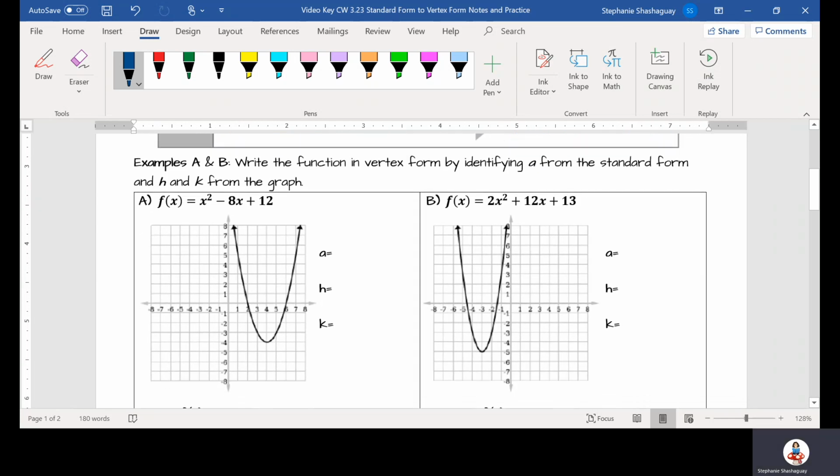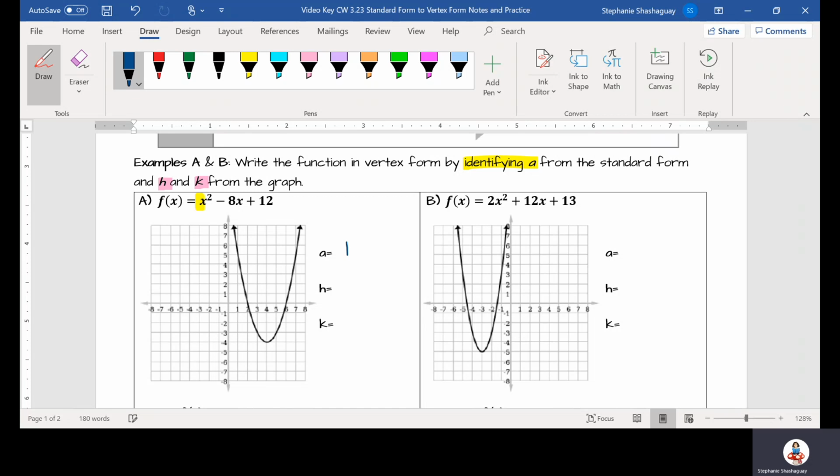So let's look at examples A and B. Write the function in vertex form by identifying a from the standard form and h and k from the graph. Okay, so our a from standard form, we can see, is equal to 1. The h, we're going to have to look at our graph.